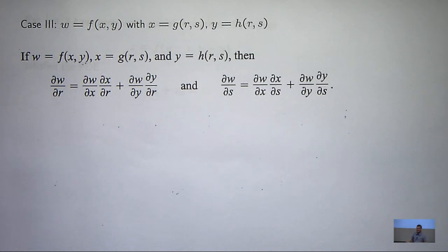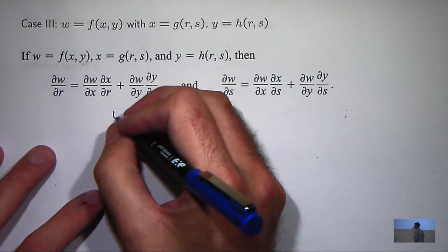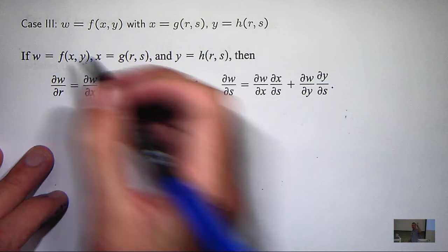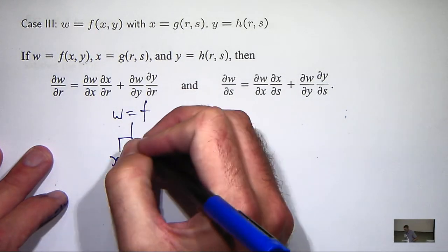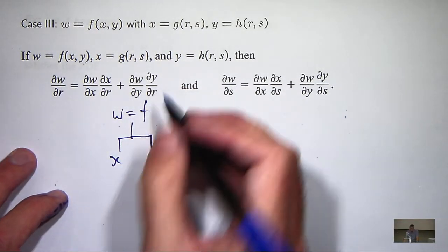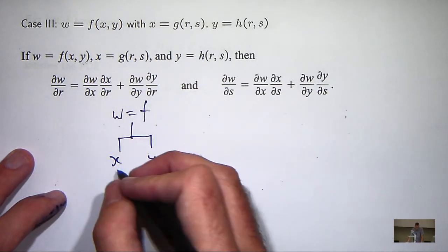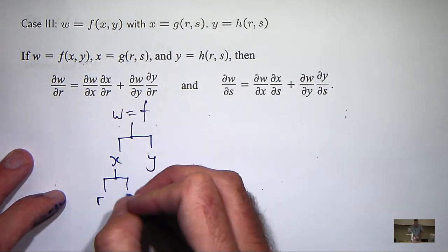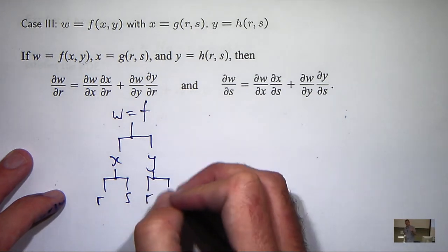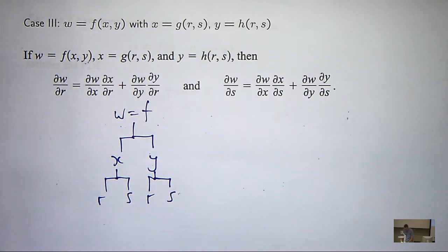So f depends on X and Y, and both of those depend on R and S. To get the chain rule, just work your way from the top down to, say, R. There's two ways to get there, and you'll get one chain rule. Work your way down the branches to an S, and you'll get the other chain rule. Okay? It's pretty simple, and it easily generalizes.